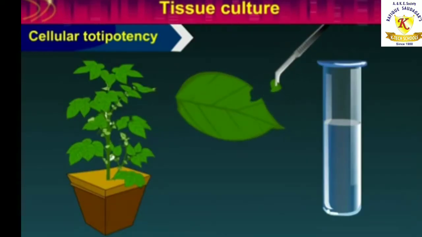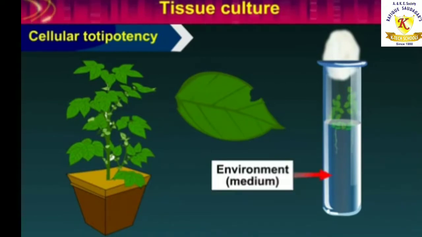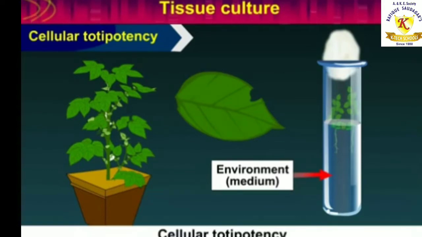The ability of a single plant cell to divide and differentiate into a mature plant if placed in the appropriate environment is called cellular totipotency.